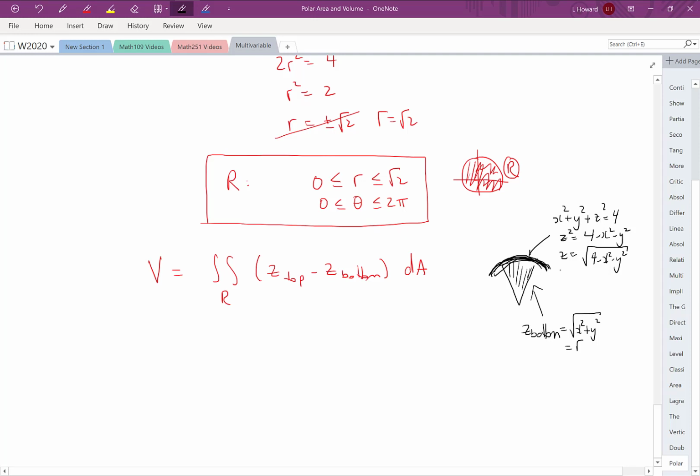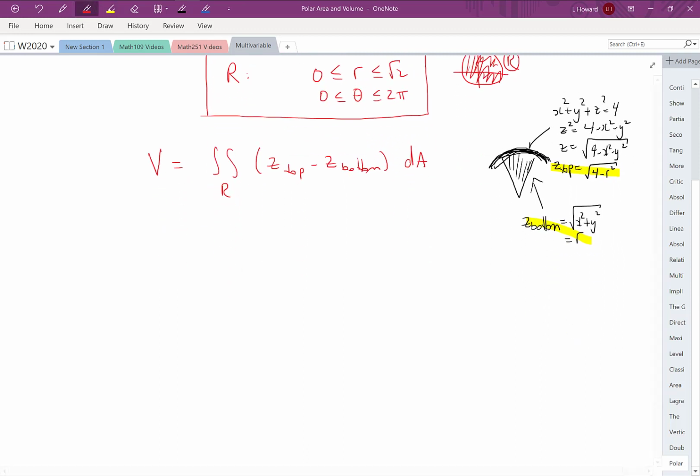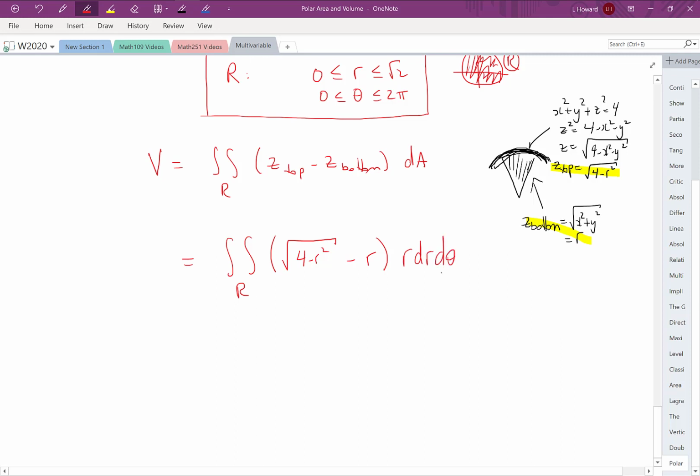And then just putting that into polar, this is going to be z top, and it is the square root of 4 minus r squared. So I'm going to highlight our formulas for z top and z bottom, and then I think we're ready to continue with our integration. All right, so we've got the double integral over R. We've said that z top is going to be root 4 minus r squared. We're subtracting off z bottom, which is r, and if we're in polar coordinates, dA is r dr d theta.